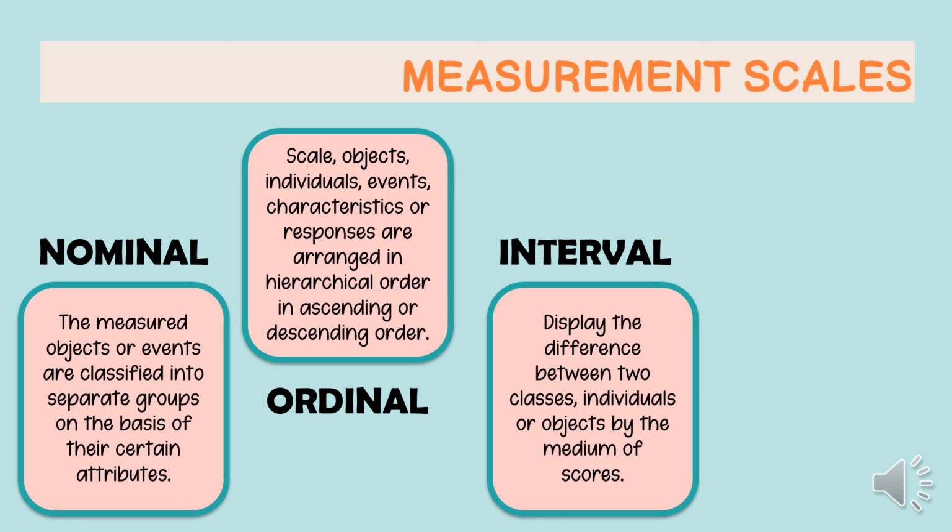Let's say we have a temperature in degree Fahrenheit, the difference between 78 and 79 degrees, ang difference nun is 1 degree Fahrenheit, is the same as the 45 and 46 degrees. 1 degree din yung difference nila, or that is the interval.